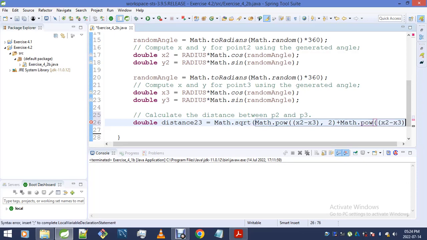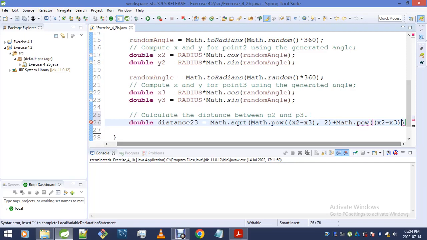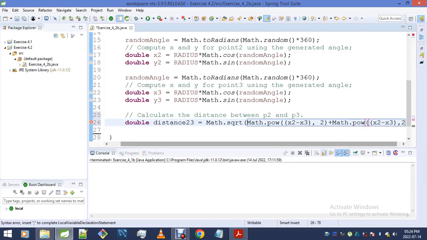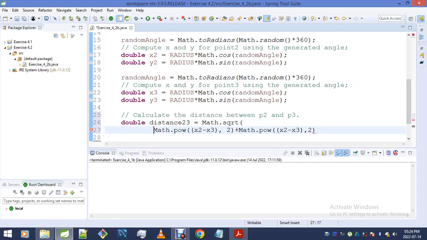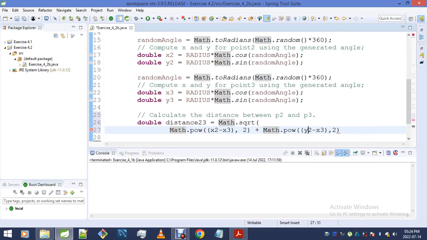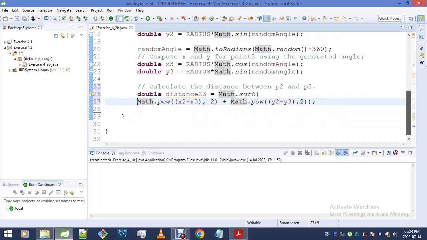However, this time we're using, let me try to go to the next line, y2, y3. Okay, of course I need to include a closing bracket. That should take care of that. Now we know the distance between point 2 and point 3.